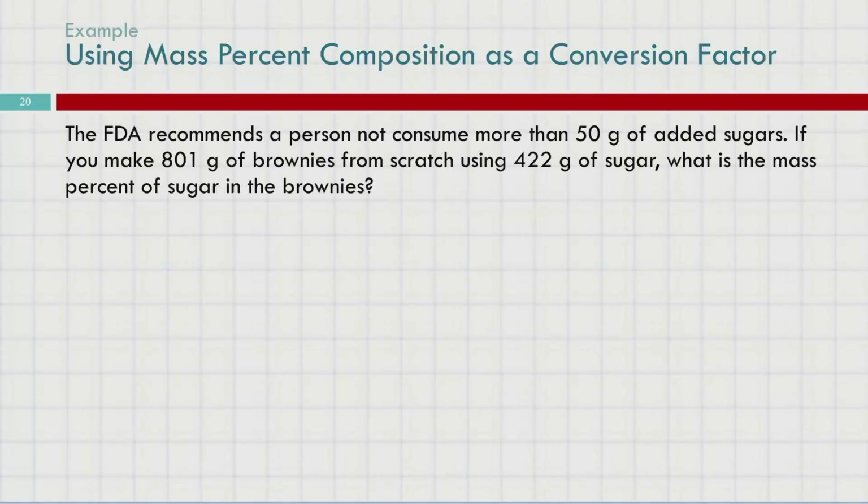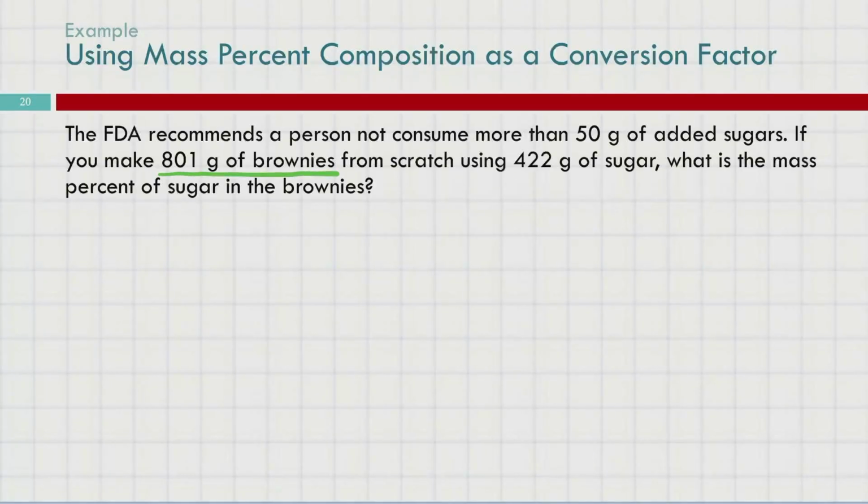This is a rough approximation based on the Ghirardelli brownie mix that I have at my house. I thought that this might be an interesting and applicable example, because maybe you also like Ghirardelli brownie mix and you're also trying to track your macros. And so this might be a good example of how you can use the stuff that we're learning in chemistry outside of the class.